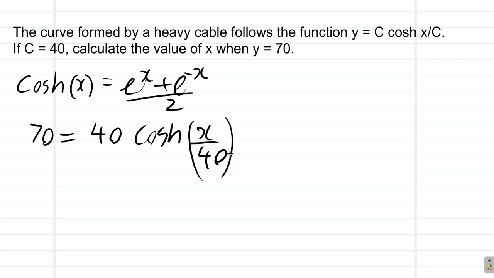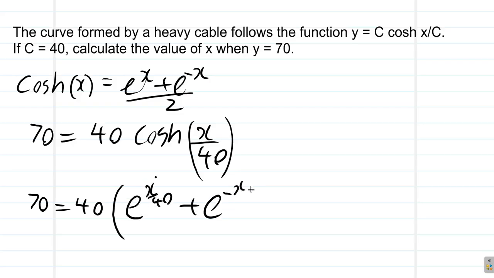It's the same as saying 70 is equal to 40 times, writing it in the exponential form, e to the x over 40 plus e to the negative x over 40, divided by 2. So that's what you have there.